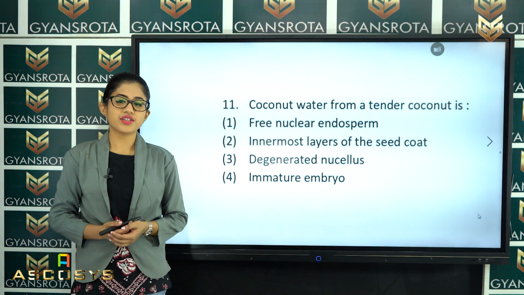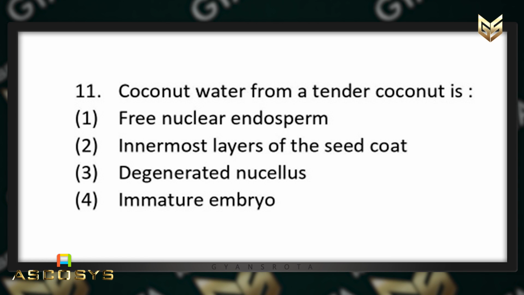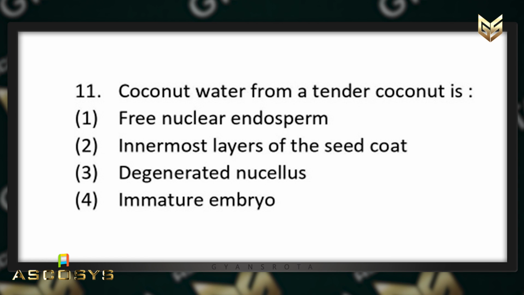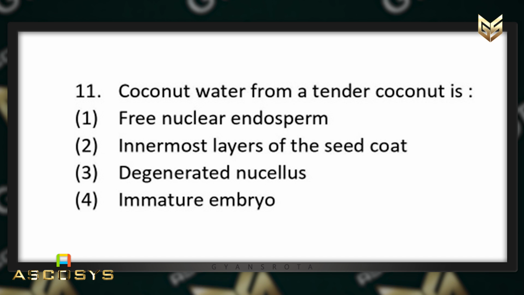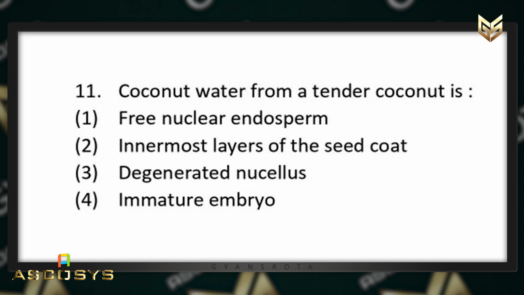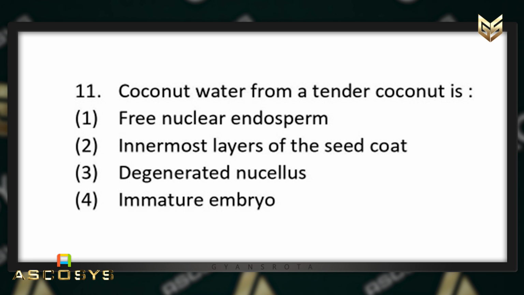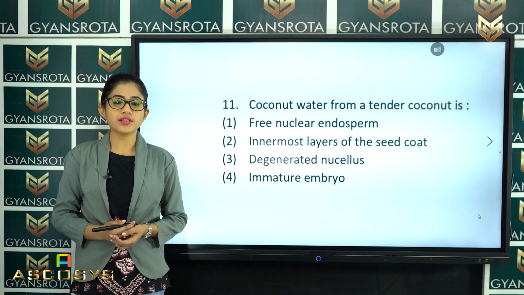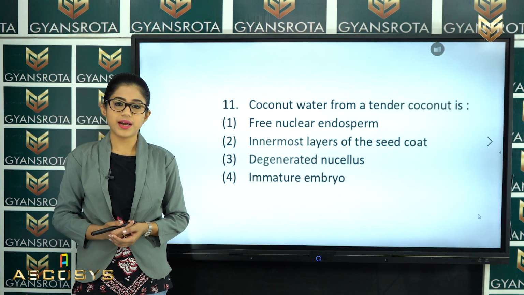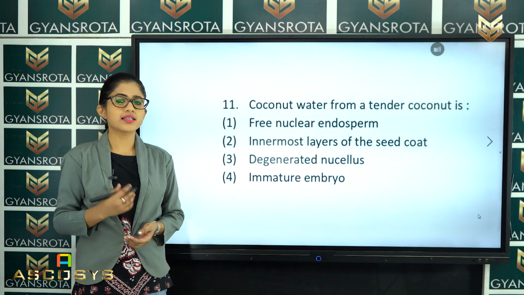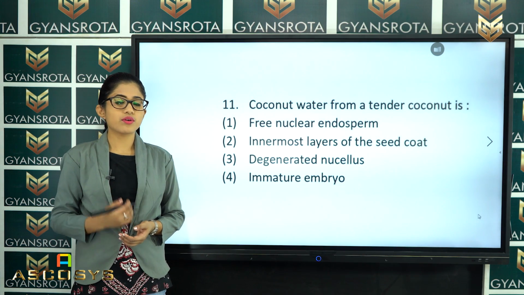Now the next question is question number 11. Coconut water from a tender coconut is free nuclear endosperm or innermost layers of the seed coat or degenerated nucleus or immature embryo. So this is from the chapter Morphology of the flowering plants, and this question has come many times in your NEET level question paper.